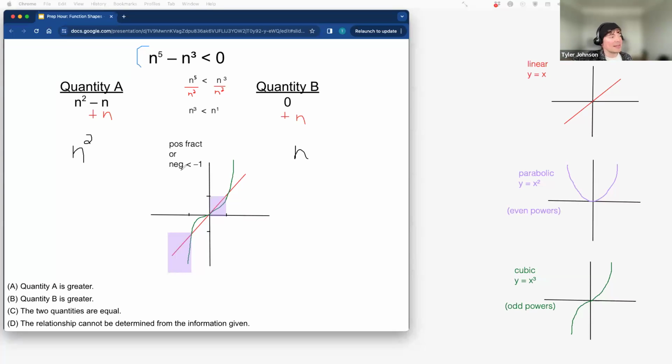And it's the same thing as the last problem. If n were 1/2, n squared would be 1/4. So that's a case where quantity B is bigger. But if I had a negative value like -2, n squared would be +4. That's a case where quantity A is bigger. So I have two different relationships, and I've proven my answer is D.